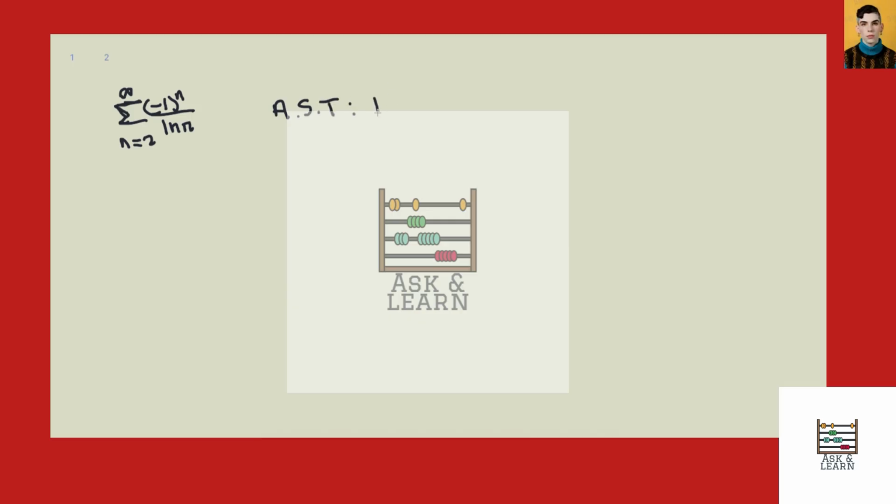So here we define Bn to just be the absolute value of this term over here. So that's 1 over natural log of n. And notice that this is bigger than or equal to 0 if n is bigger than or equal to 2. Coming from over here, the lower bound of the sum.